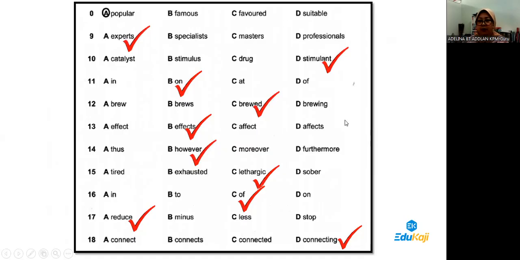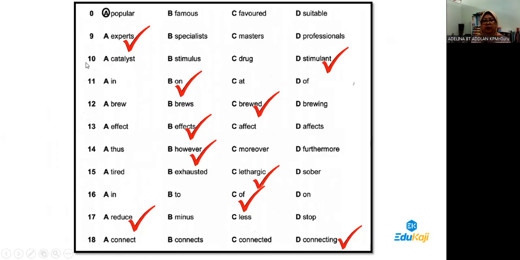This is the part where students are being tested on their vocabulary and also on their grammar. Let me explain further. If you look at number 0, popular, famous, favorite, suitable. This one is testing the students on vocabulary because the words are quite similar. For number 9, again, testing students on vocabulary. Good, very good.